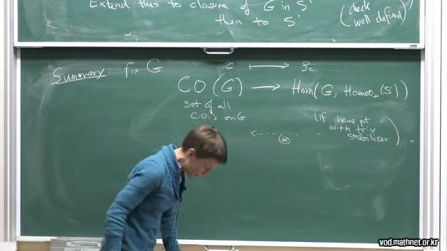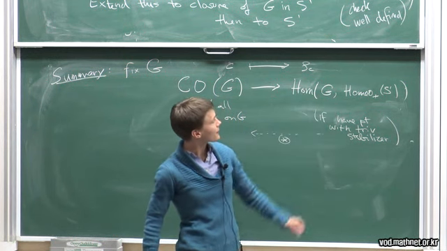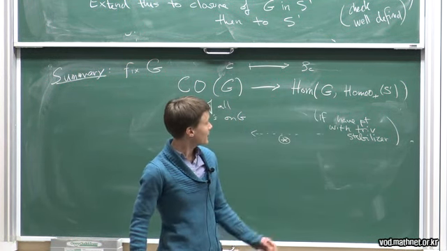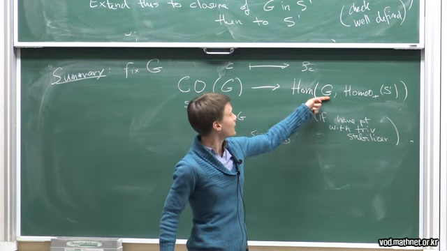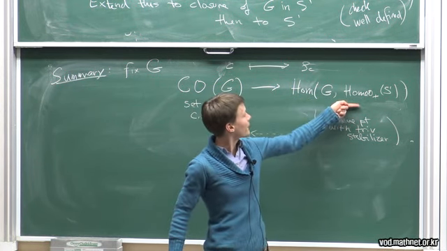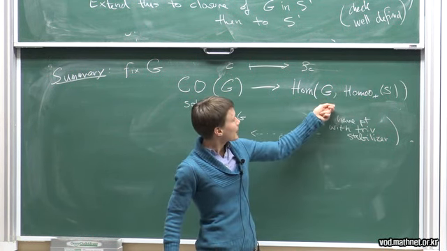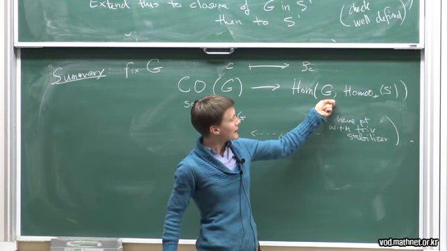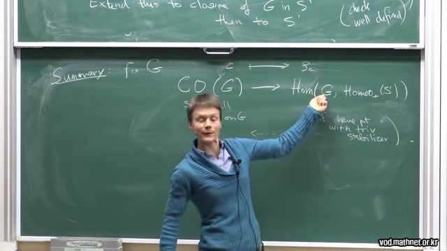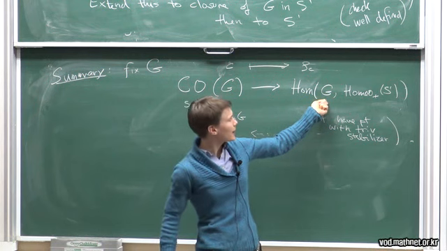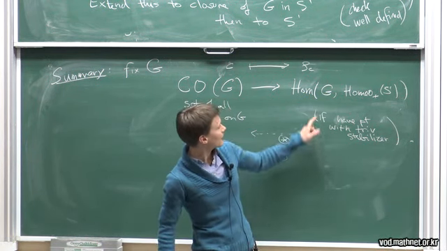And this space, for specific examples of groups, is something I've been trying to understand for a long time. If G is the fundamental group of another manifold, you can think of this as the space of flat circle bundles over that manifold. It's a remarkably rich and hard to understand space, even if G is the fundamental group of a surface. And that's something I'll talk about in the lectures I'll give tomorrow and next week. This has been a mystery.